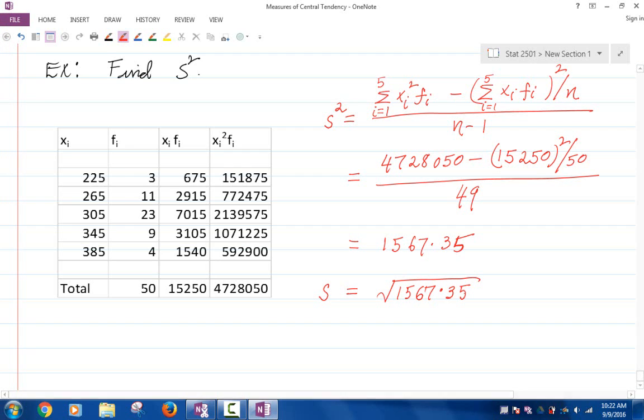Now, when you have a small data set in the homework, try to do at least one example by hand so that you remember the process. And then you can use the TI-84 to find the variance for you.